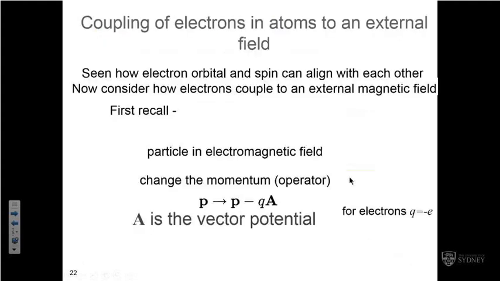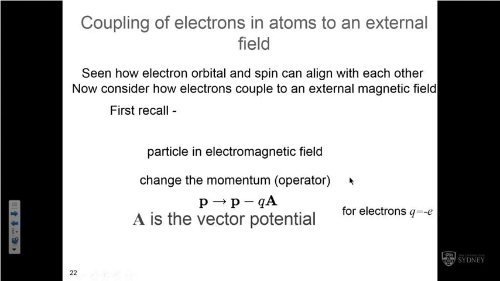Okay, so we've got our atoms. That's the way we fill up the shells. Now we're going to put that in a magnetic field. So what we're going to do is replace the momentum operator with the momentum and this vector potential term.